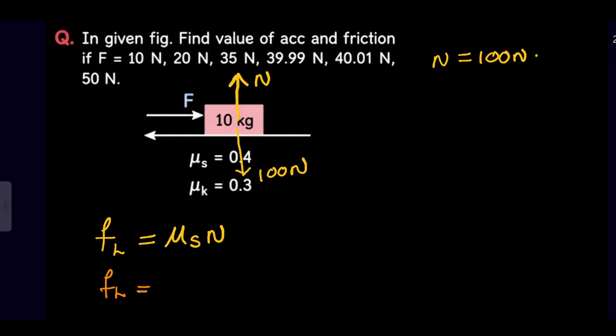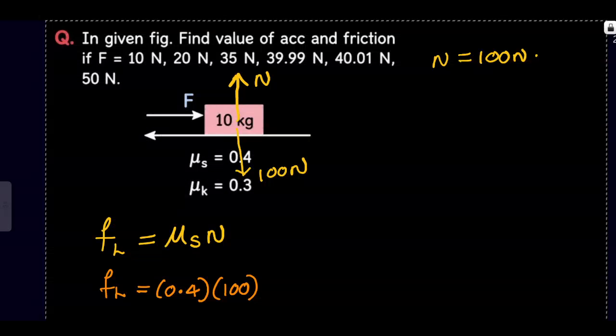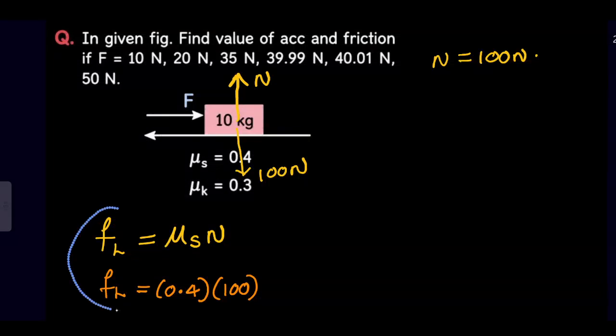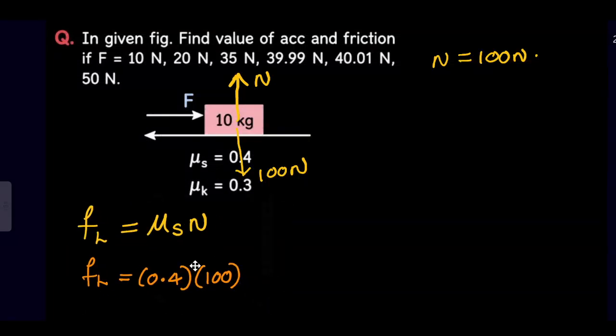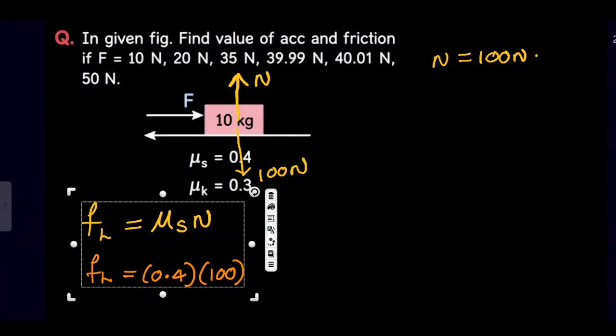Limiting friction contains only mu s. So 0.4 into N, which is 100.